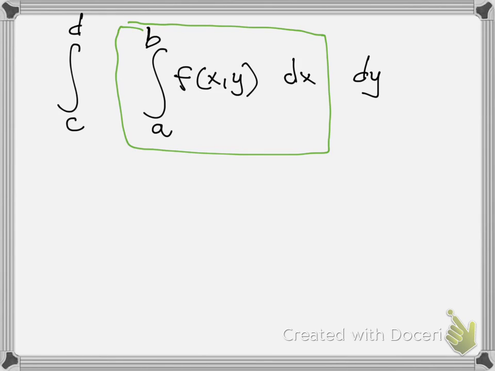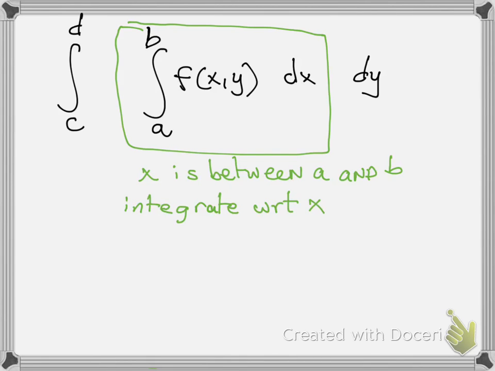So your x is actually between a and b. Okay. And what we do is we integrate with respect to x, assuming y is a constant. So you suppose that y is a constant and you integrate with respect to x.